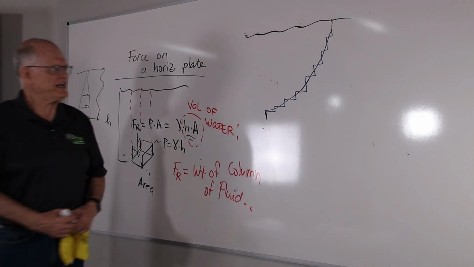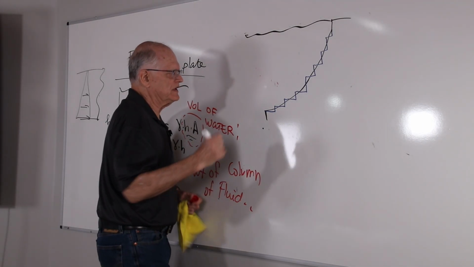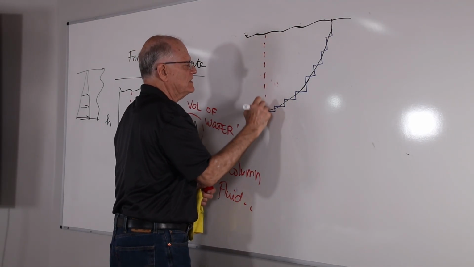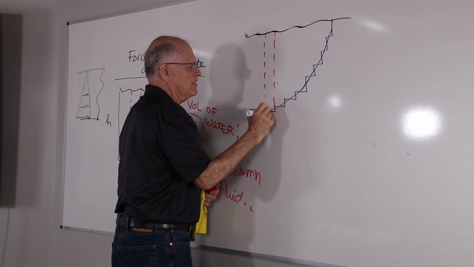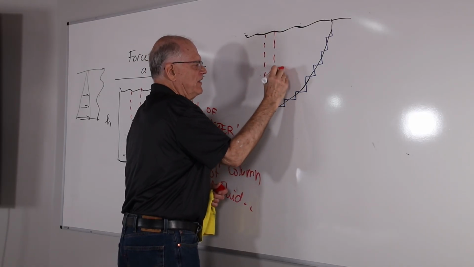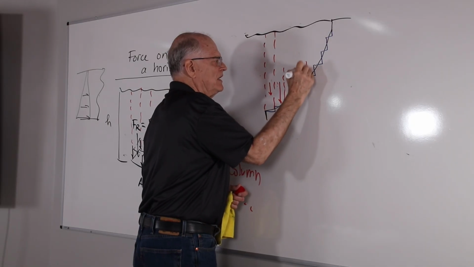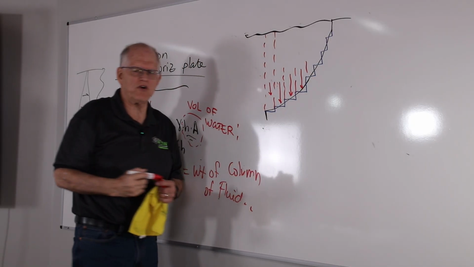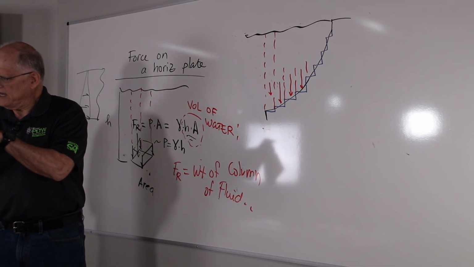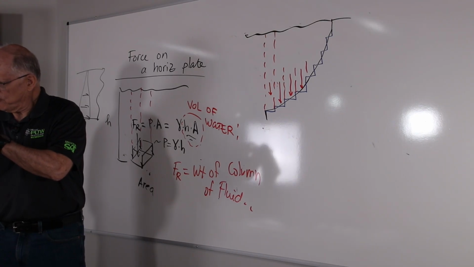On each of these horizontal surfaces, there's a vertical force that's acting downward above this guy. And there's a vertical force here, and here, and here. And all of those vertical forces are equal to the weight of the fluid above that horizontal step.